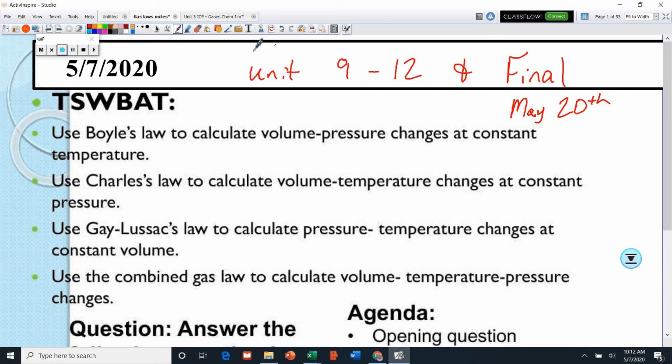But for the DE students, it's going to be 9 through 12, so the test that we previously took plus some other questions, and then the final for DE only has to be done by May 20th. I'm going to open it up sooner than that.